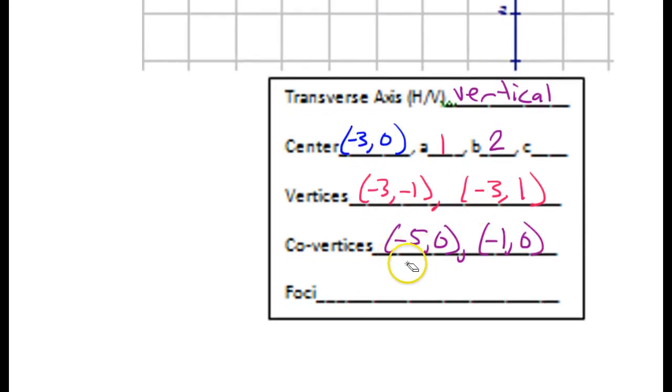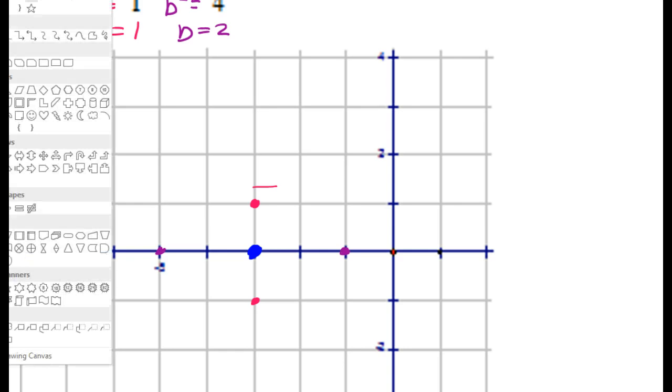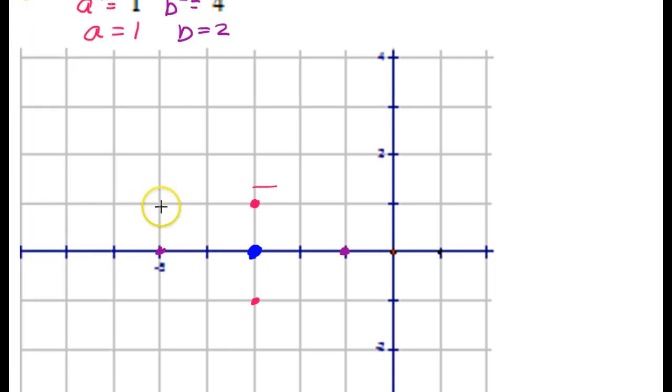Okay, I'm going to save the c value and the foci for later because I would really like to go ahead and draw this hyperbola. So once I have the vertices and covertices, I want to draw a rectangle. Okay, I'm going to draw the rectangle that passes through the vertices and the covertices.